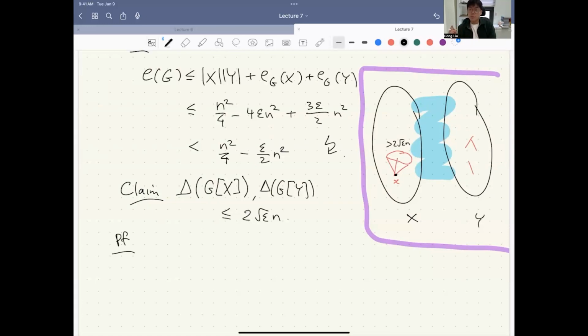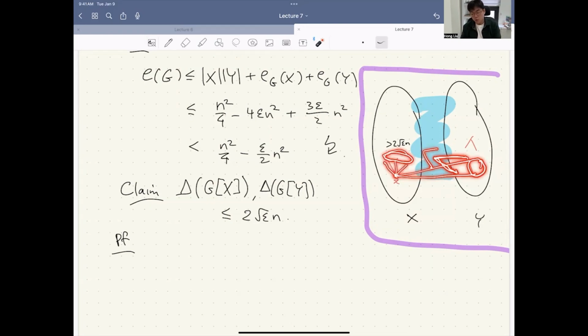Remember, we start with a max cut. Max cut means the number of cross edges is maximized, which also implies that for every vertex, including this x, the number of neighbors going to the other side is at least as large as the number of neighbors it has in its own part. For otherwise, you could have moved x to the other side to increase the number of cross edges.